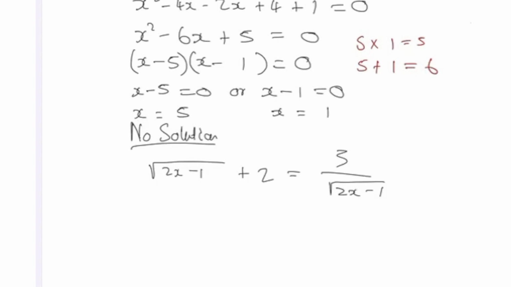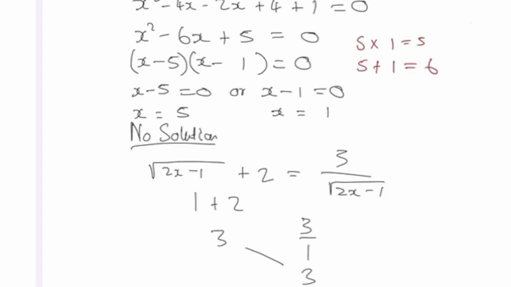Let's put 1. When you put 1 here, we get 2 minus 1, that should give you 1. The square root of 1 is 1, plus 2 is again 3. This is 3. When you replace it with 1 on the other side, you get 2 minus 1, that should give you 1. The square root of 1 is 1 again. 3 divided by 1 is 3.